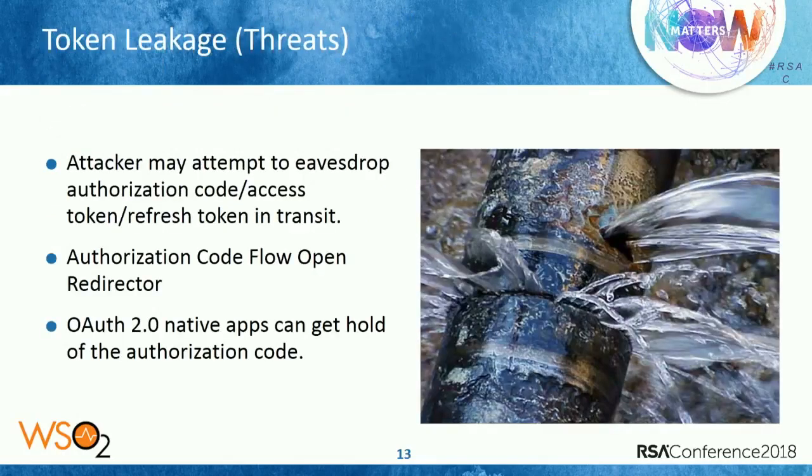Okay. So this is the second threat vector, token leakage. This can be done in multiple ways. Here, token can mean an authorization code, access token, or a refresh token. An open redirector is an endpoint where you can send a request along with a query parameter which carries the value of a URL to be redirected to.